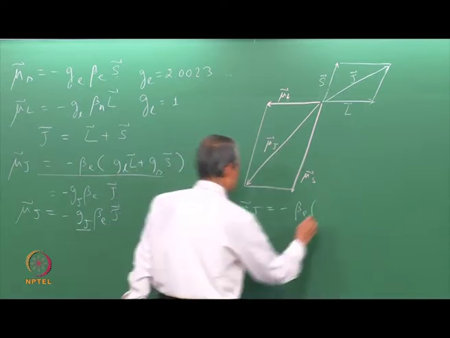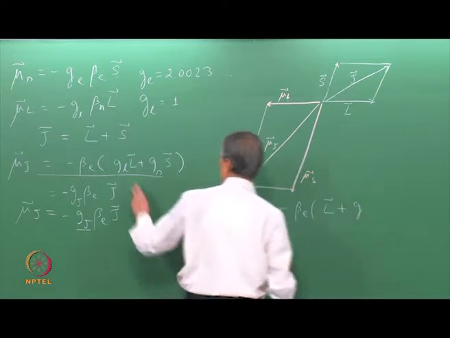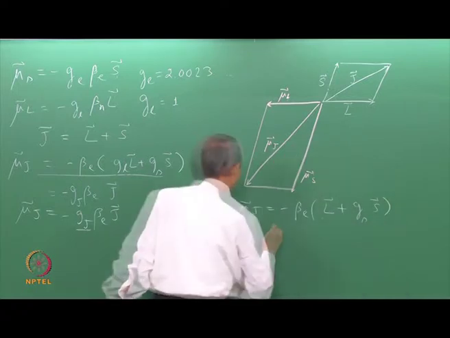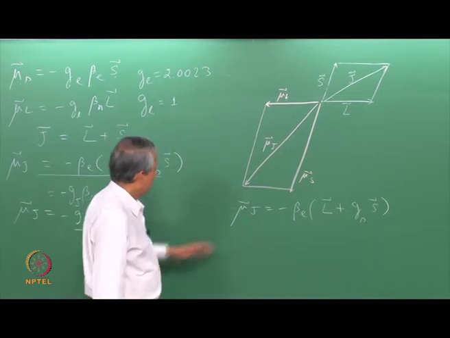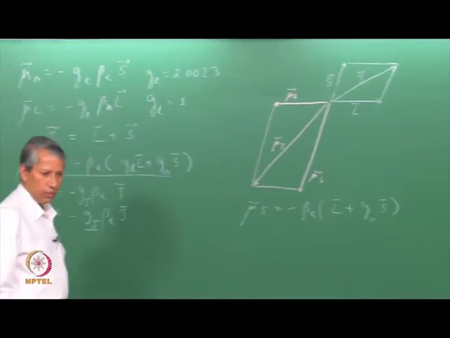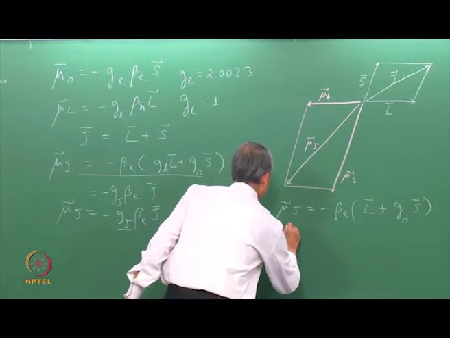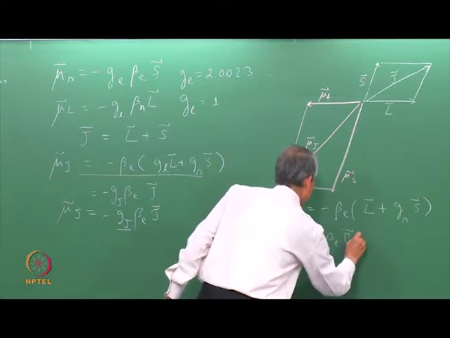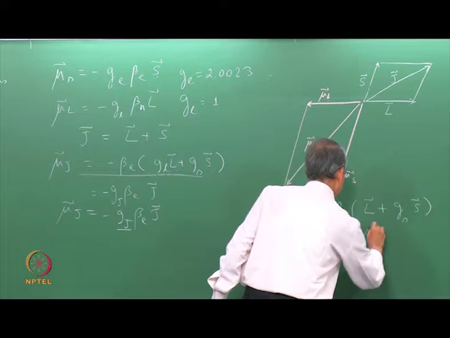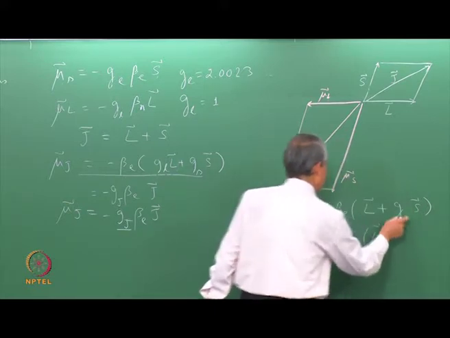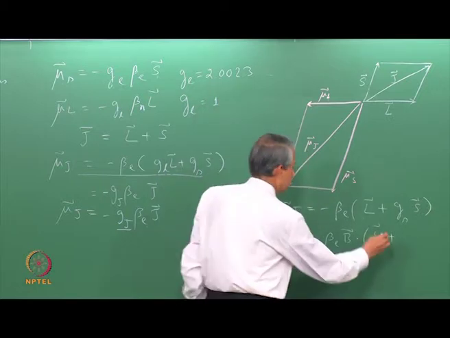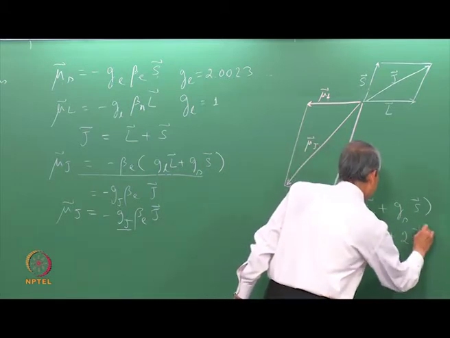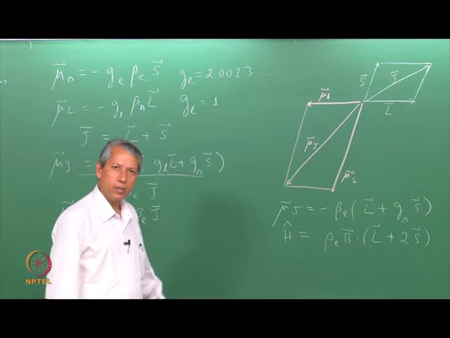Now G L is 1, so let us write 1, we do not have to write that, and G of S, and with this I can write the interaction of this magnetic moment in a magnetic field in this fashion. Now, this is very nearly equal to 2, 2.0023, let us write 2, which is approximately quite acceptable. This is the way one can write the Hamiltonian, which is fine.